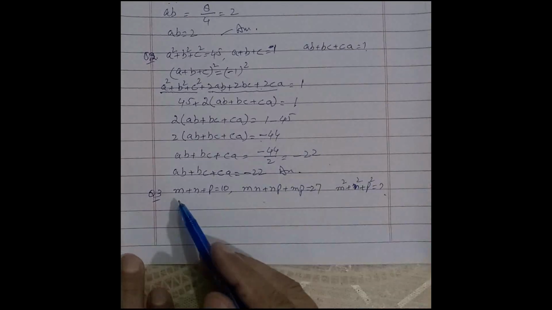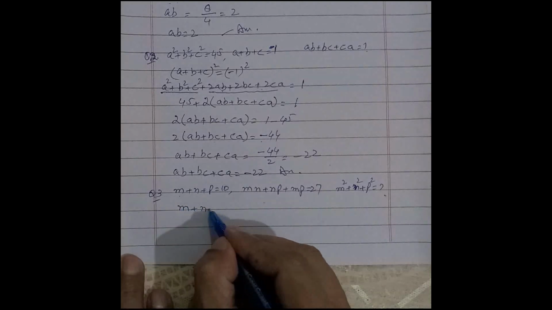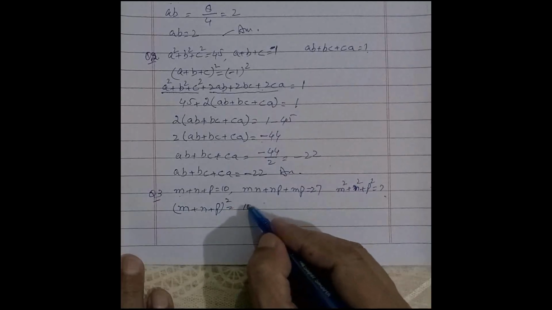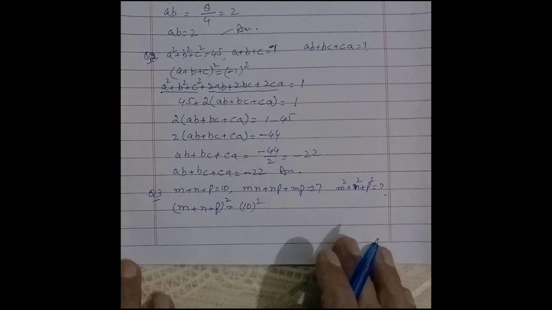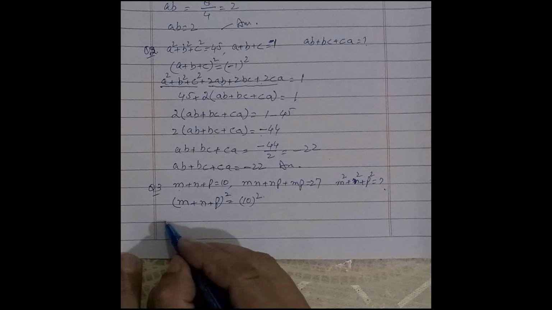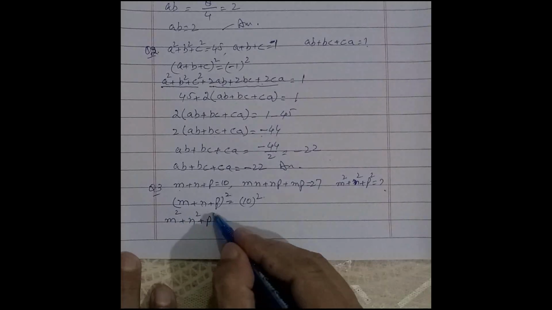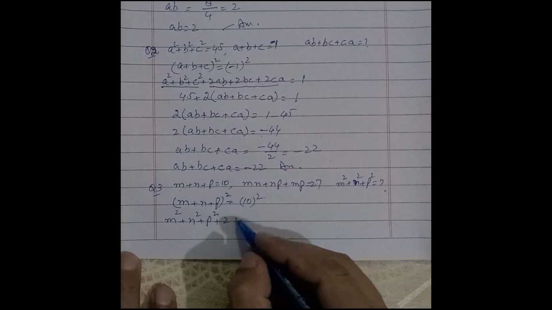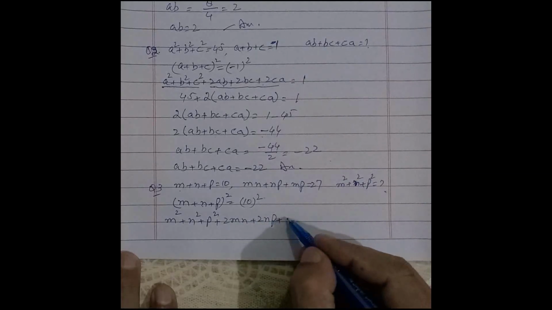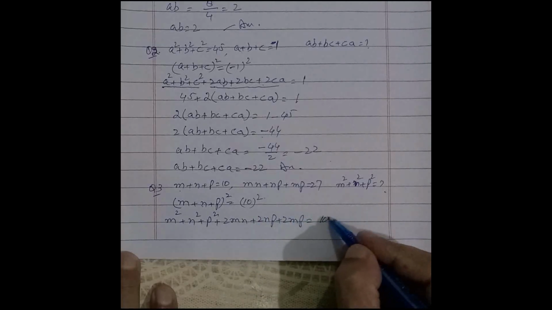We take the square of m plus n plus p, which is (m plus n plus p) whole square, taking square both sides. And now we take the square, m plus n plus p is m square plus n square plus p square plus 2mn plus 2np plus 2mp is equal to, and square is equal to 100.